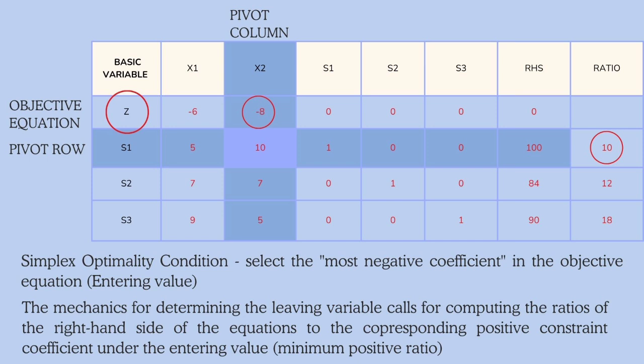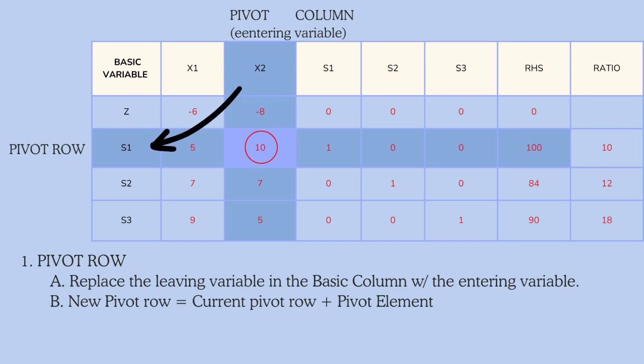So, yung most negative coefficient nung ating objective equation, which is the Z. So, sa objective equation lang tayo titingin. Sabi, most negative coefficient. So, ang ating most negative coefficient is yung negative 8. So, yung pivot column natin is yung column ng x sub 2 kasi nandun yung negative 8.